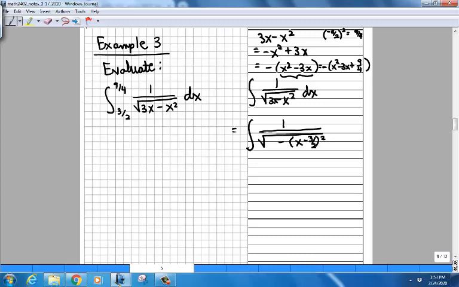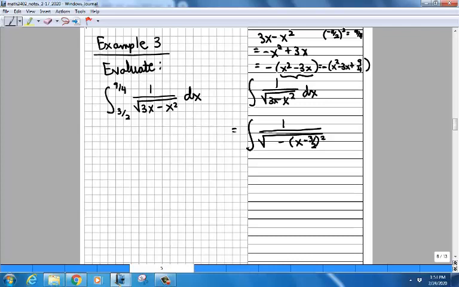Now, you've got to be really careful here, right? This is what we started with, but remember, we added in 9/4. So you have to compensate for that. So outside here, you have to either add or subtract 9/4. The question is, what is it?